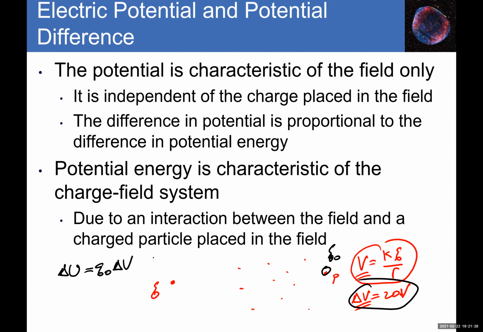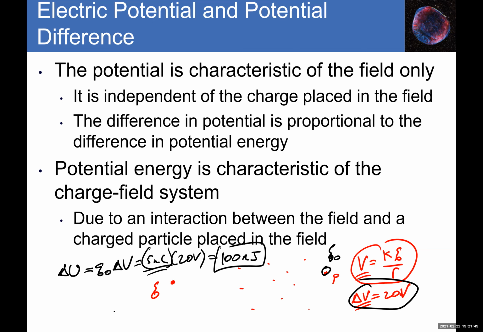And if this test charge, let's say, is 5 nanocoulombs, it's just 5 nanocoulombs times 20 volts. So it becomes 100 nanocoulomb-volts, which basically gives you nanojoules. All right.